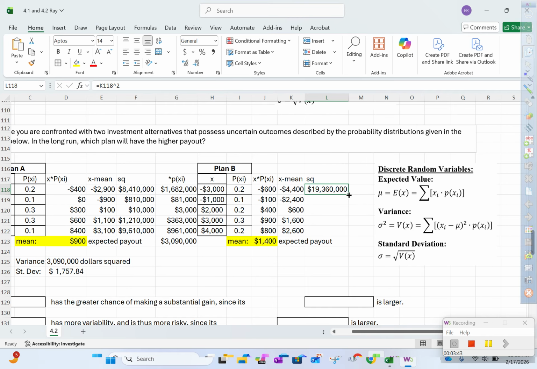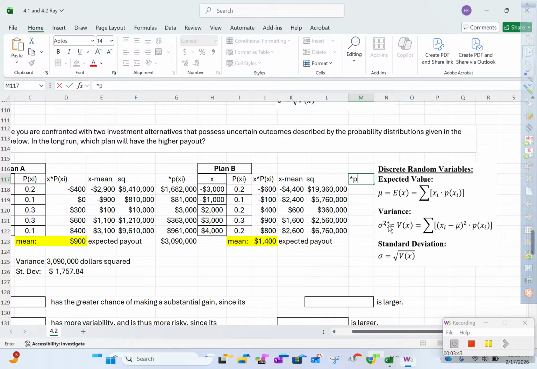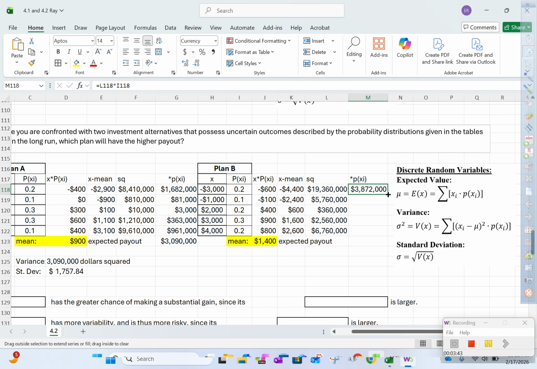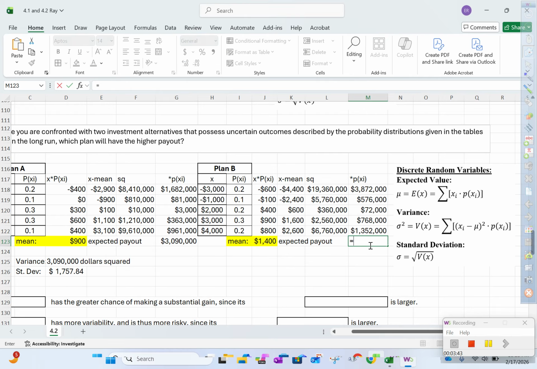Drag those down. Okay. After that, we're multiplying by the probability. Remember, we're taking our squares that we just got times, way over in the original table, the regular probability, then dragging that down. Finally, we're adding them all up.